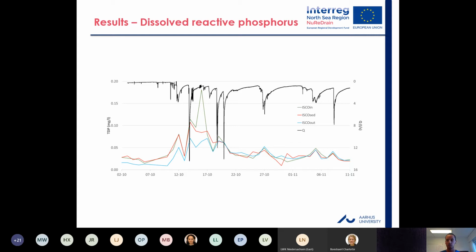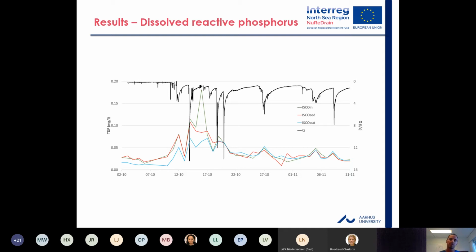And if we want to look a bit closer at the effect of the sediment filter, we need to look at the green and red line. We see that they almost overlap entirely, and this is how it should be, because the sediment filter is supposed to decrease particulate-bound P, not influence the dissolved phosphorus concentration.